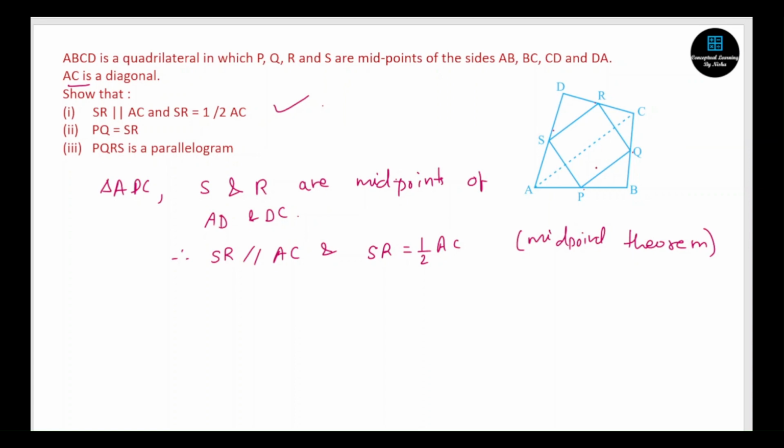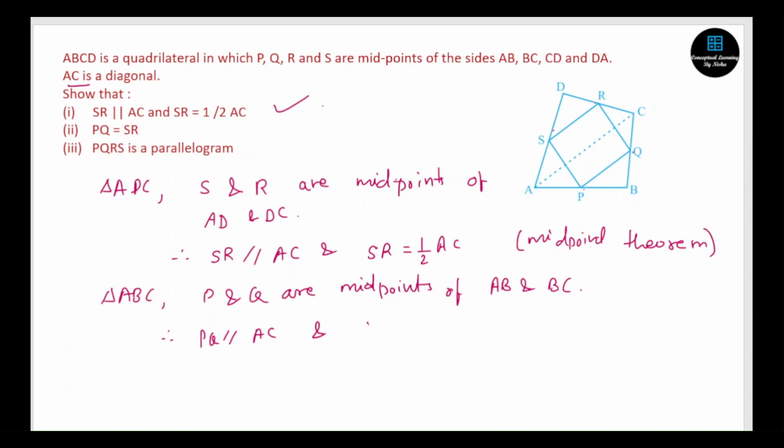Now, same way. Which triangle? Correct. Triangle ABC. P and Q are midpoints of AB and BC. Therefore, PQ is parallel to AC and PQ is half of AC. So, let me take this as result 1 and result 2. So, from result 1 and 2, again this is midpoint theorem, okay? Please write the reason.